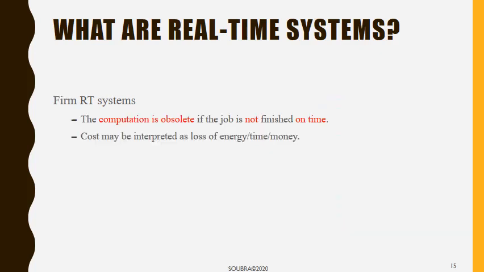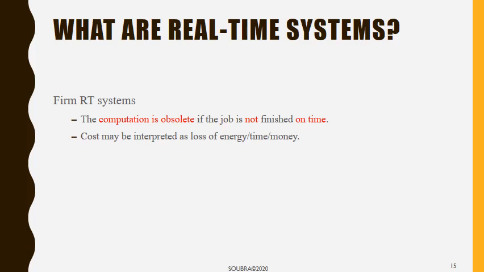Now, when I look at the firm real-time systems, it's not about tolerating and affording to miss deadlines. Here, if your job is not finished on time, so basically if you do not meet your deadline, the computation result is obsolete. It's not useful anymore.